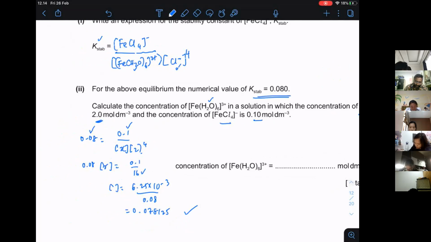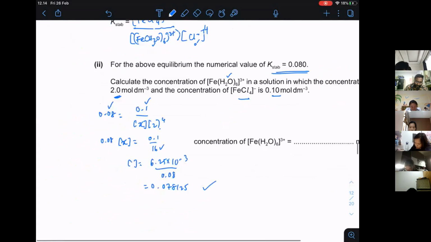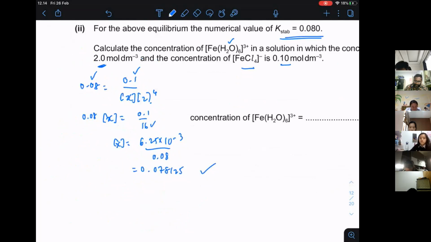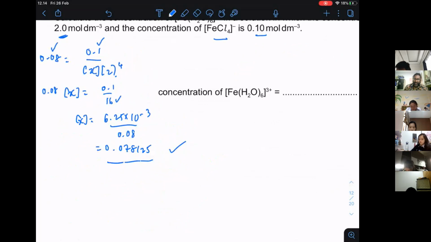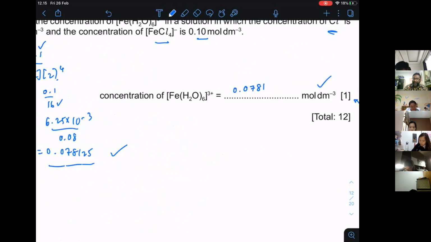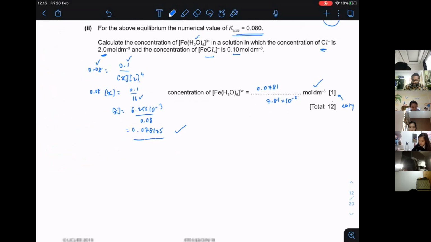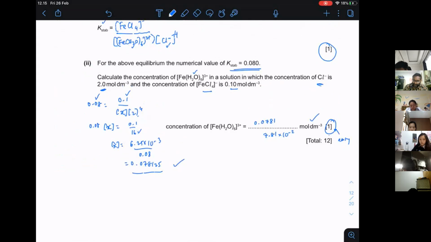Then I just calculate what X is. When I calculate X, I get 0.0781, 3 significant figures, or you can say 7.81 times 10 to the negative 2 mol dm⁻³. Very easy, yeah? That's why it's 1 mark.